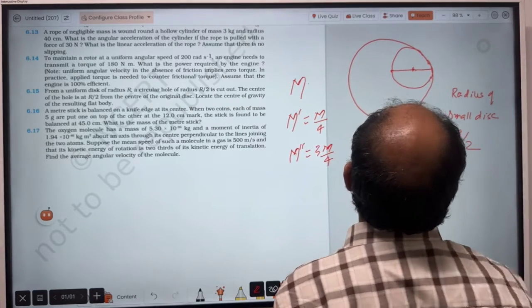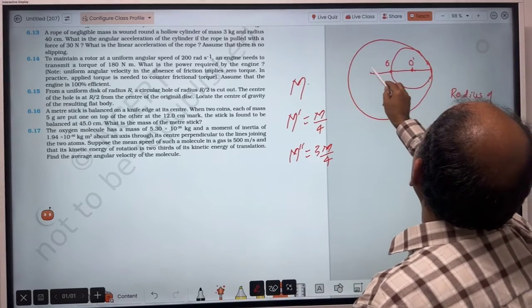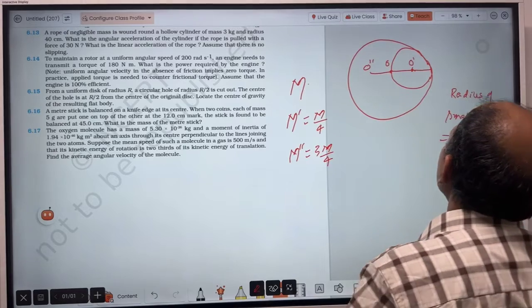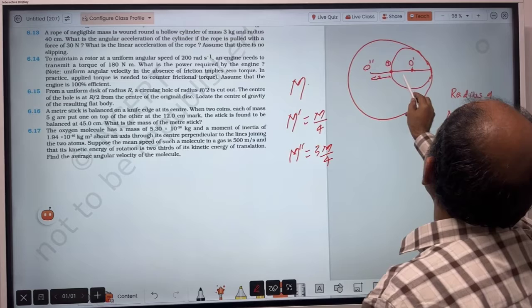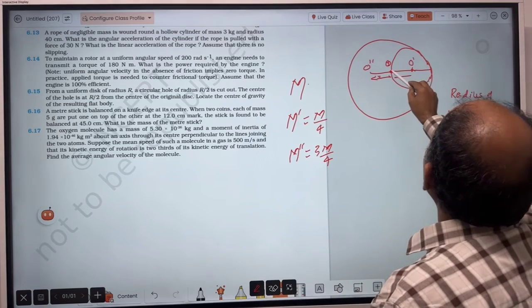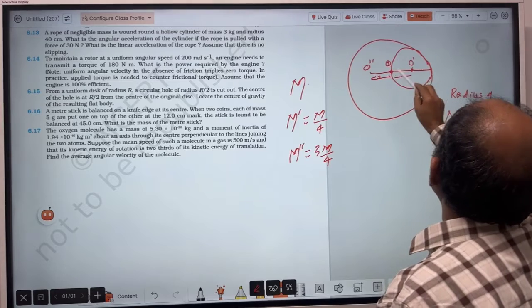And then only one thing we did: we took this O dash, this as O and this as O double dash, and then we find the moment. So moment about the center of mass, moment about this point of this point.